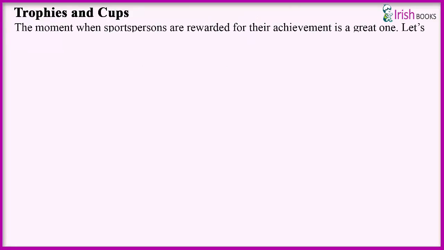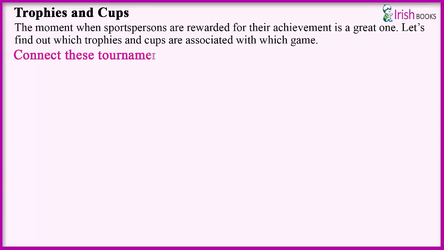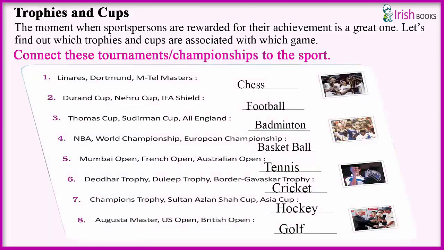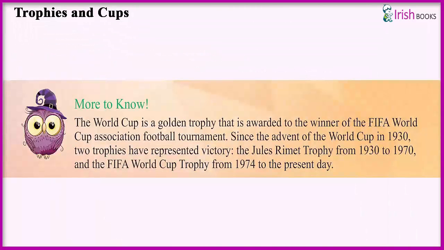Trophies and cups. The moment when sportspersons are rewarded for their achievement is a great one. Let's find out which trophies and cups are associated with which game. Connect these tournaments, championships to the sport. More to know.